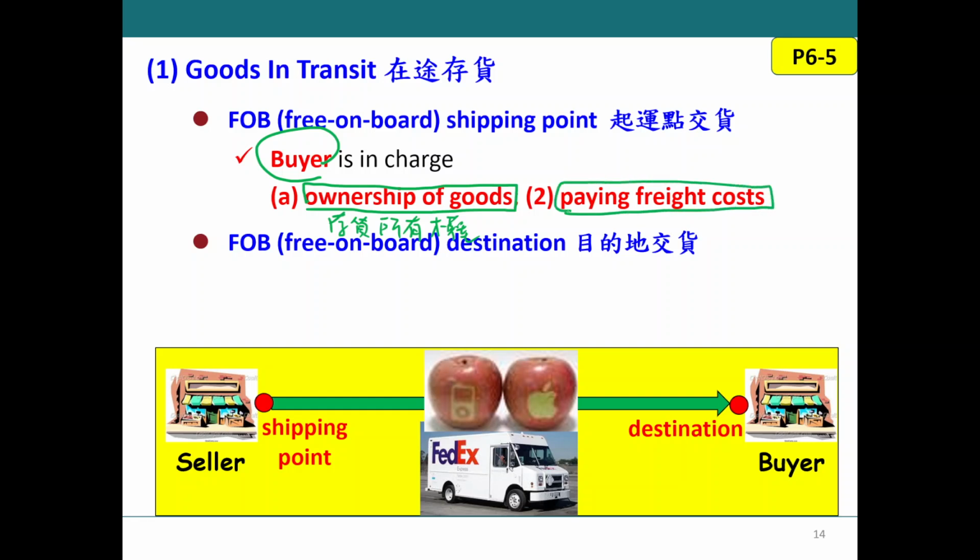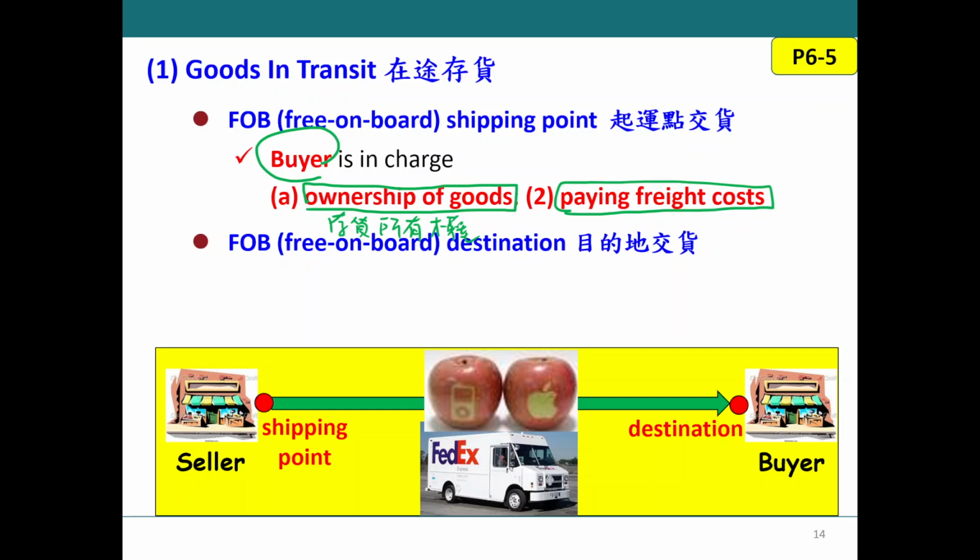And do you remember? Buyer pays the freight cost. So the freight cost will make what increase? Inventory, right? Because you had to spend more money to buy the inventory.